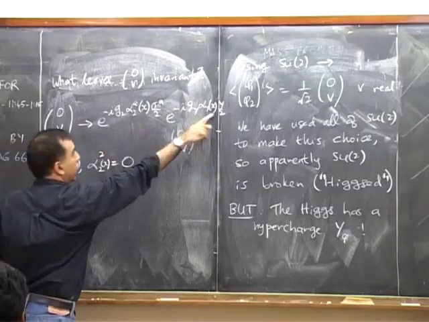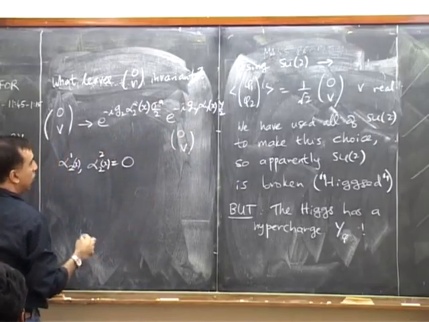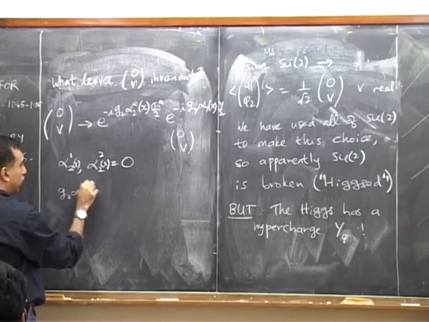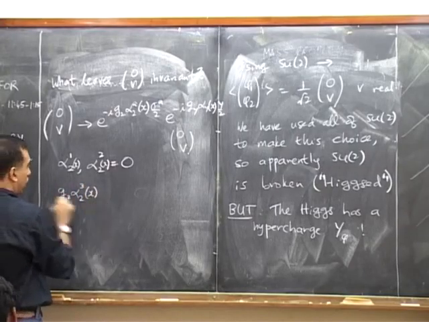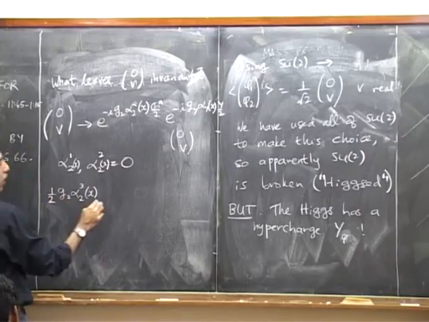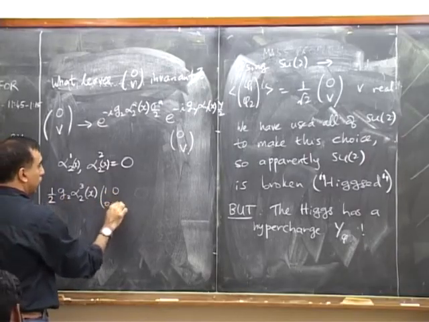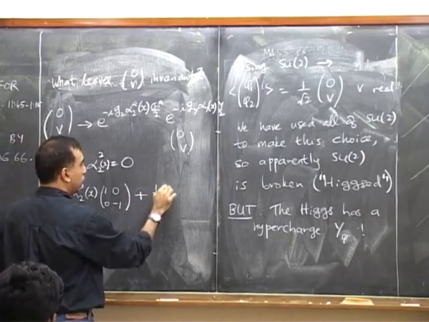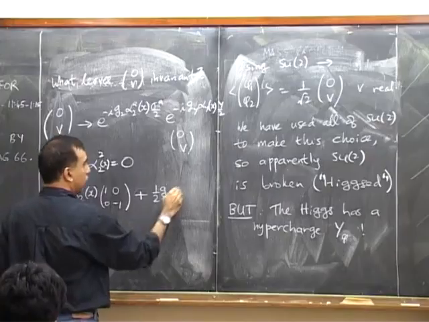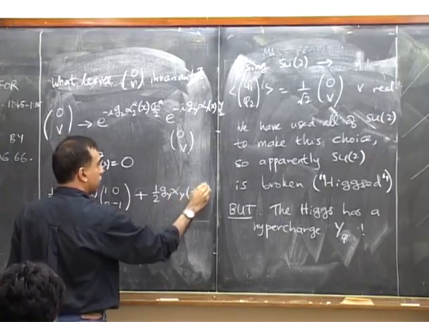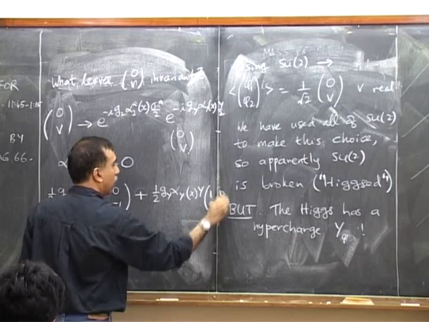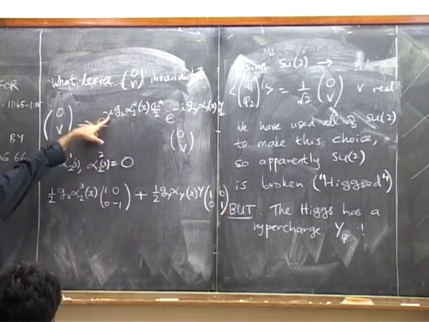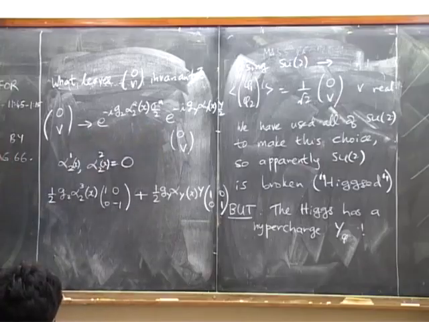Working with only the third component of this, we find that g2 alpha 2 third component times half times (1 0 0 minus 1), plus half gy times alpha y of x times y times (1 0 0 1), is the net value apart from the minus i of that exponent.